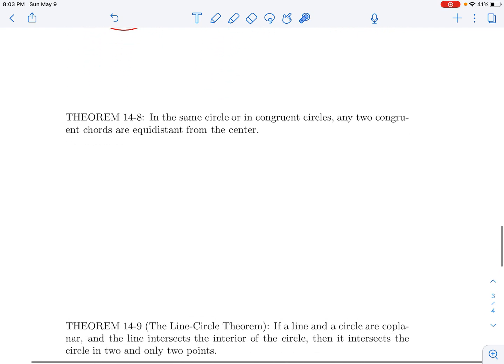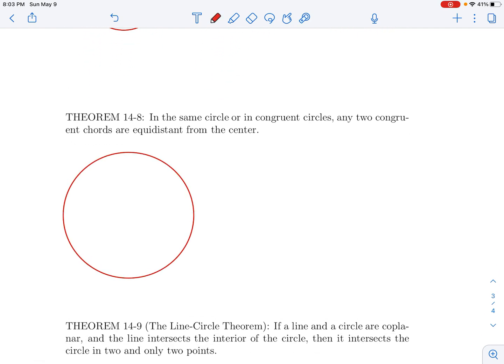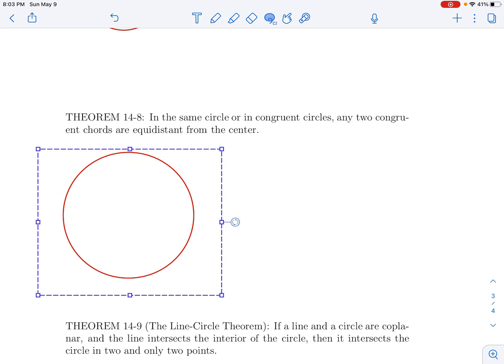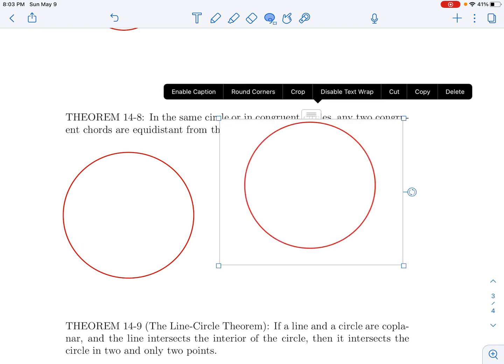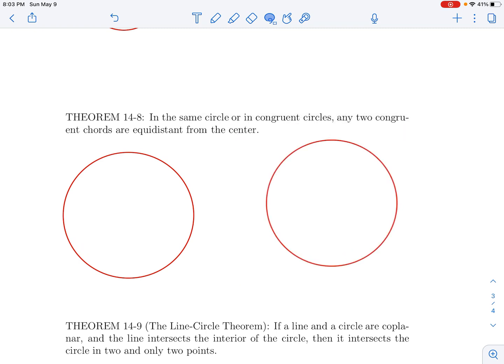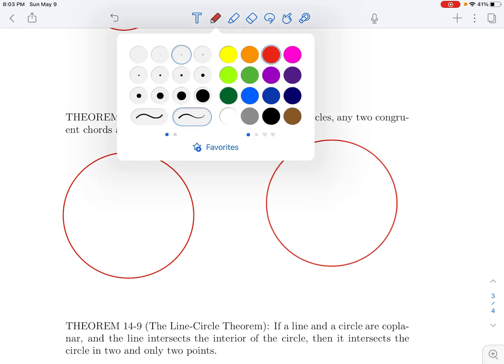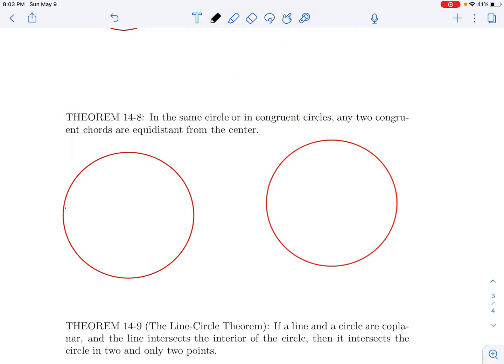Here, theorem 14.8 is basically a converse. If I have a circle here, and a circle here, and they are congruent. If I have 2 congruent chords, so let's suppose here's the chord AB, and here's the chord CD.